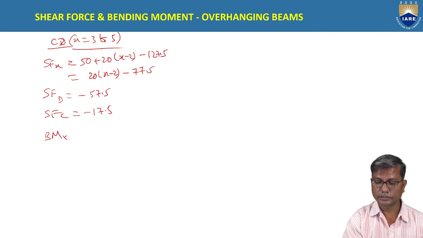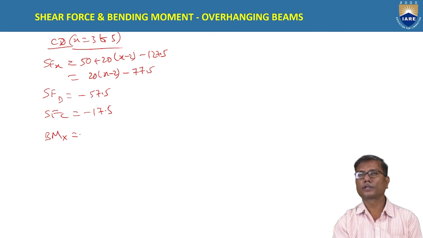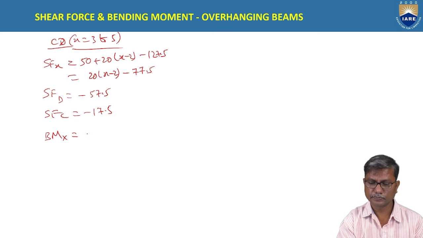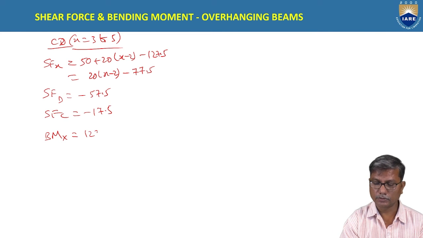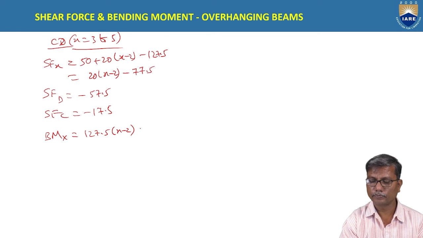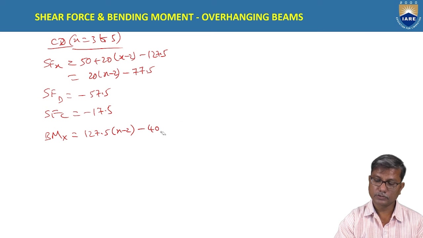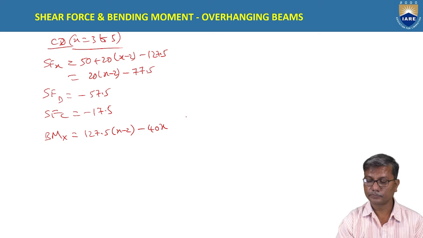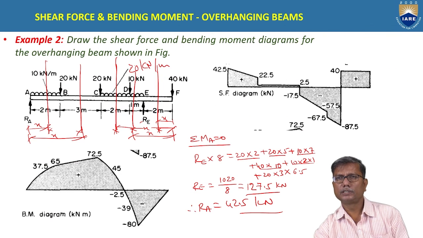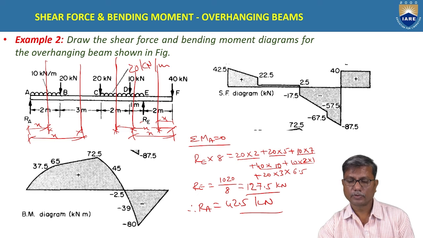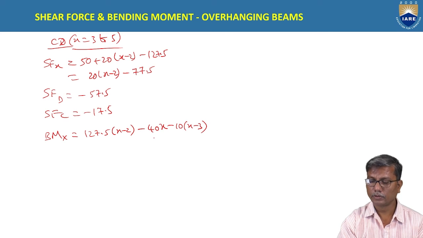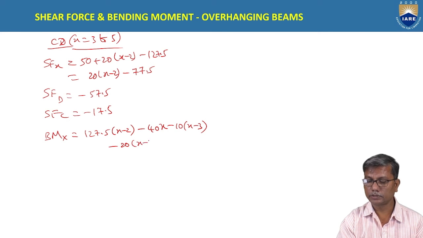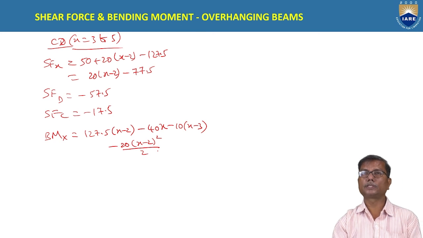Next, bending moment at x is RE into (x minus 2), that is 127.5 into (x minus 2), minus 40 into x, minus 10 into (x minus 3), minus 20 into (x minus 2) square by 2.